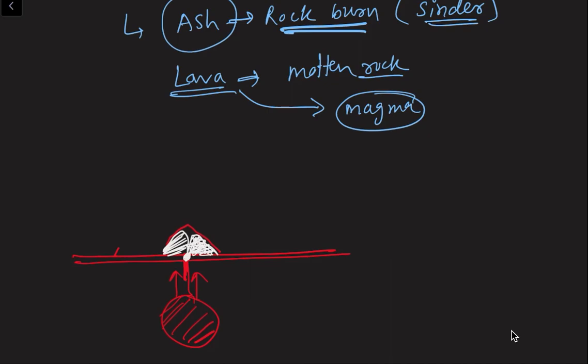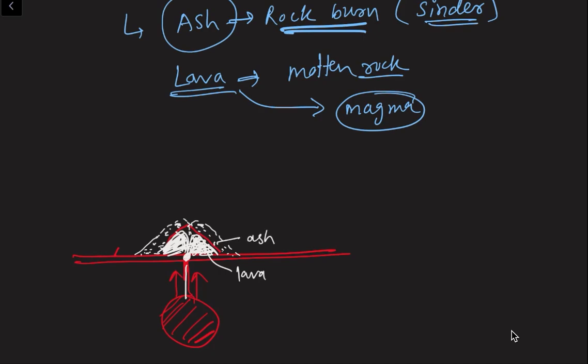After the magma, sometimes ashes also come out, the burned rocks and their ashes. This is called cinder. So this layer is formed over this magma, that is lava. Now it came out, and then ash.